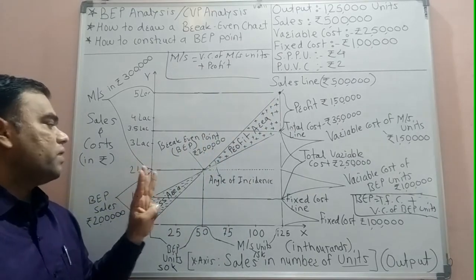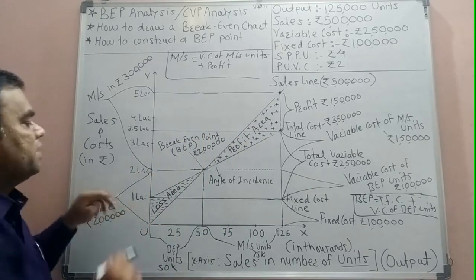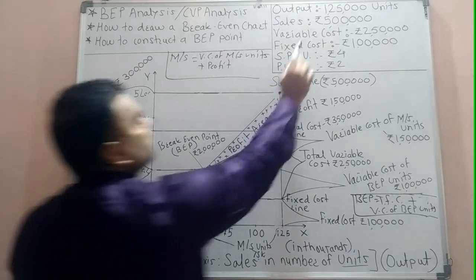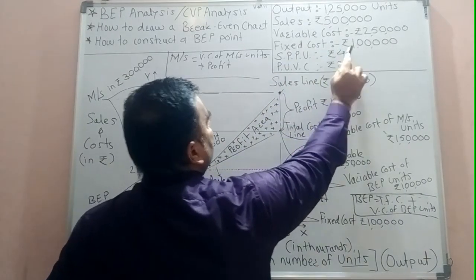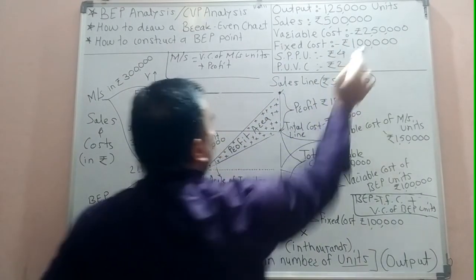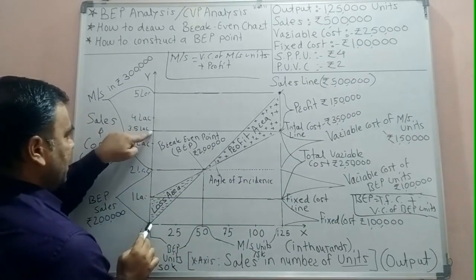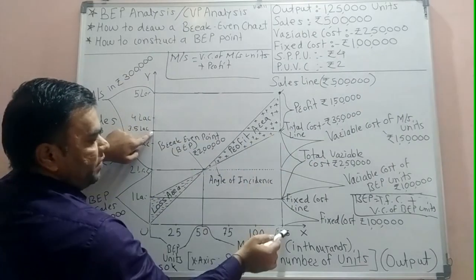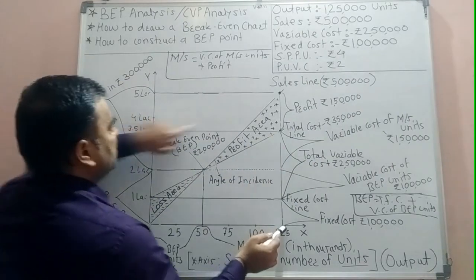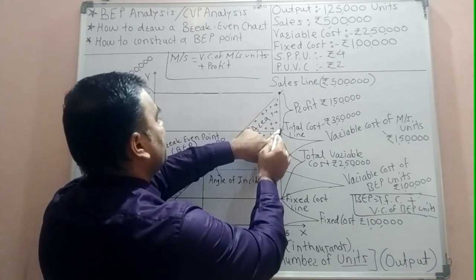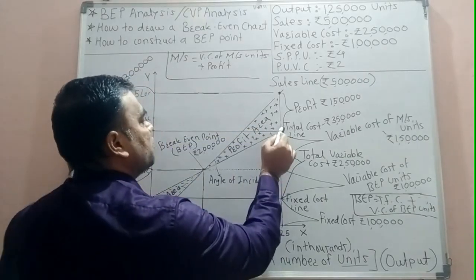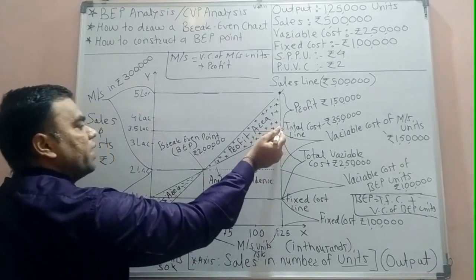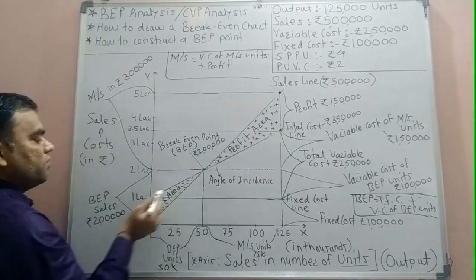Then third, what do we have to do? We have to draw the total cost line. From the fixed cost point we have to draw the total cost line. Variable cost is 2,50,000, fixed cost 1 lakh, so total cost will be 3,50,000. So 3,50,000 is the total cost of 1,25,000 units. Then we get the total cost point, and we join it to the fixed cost line.